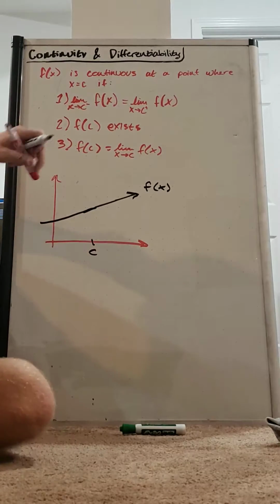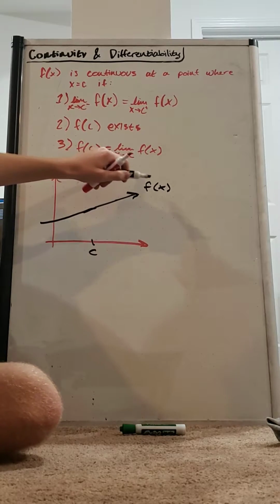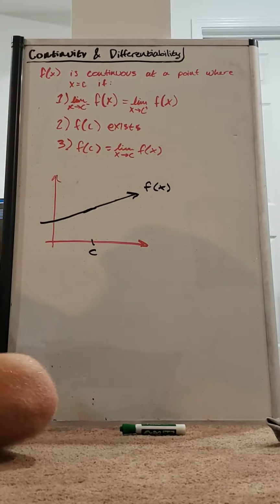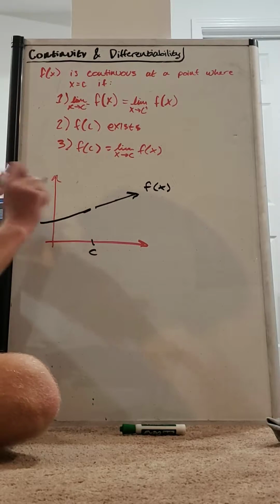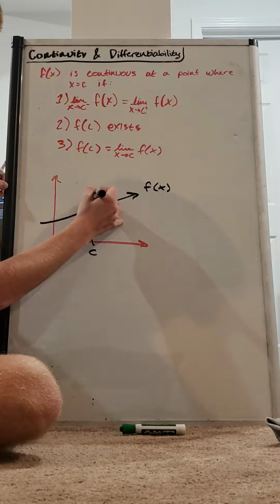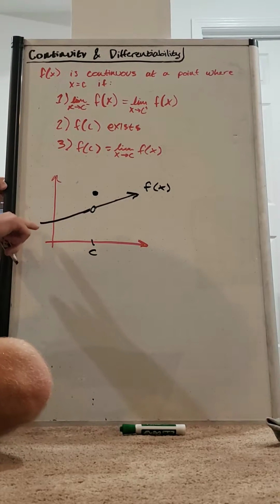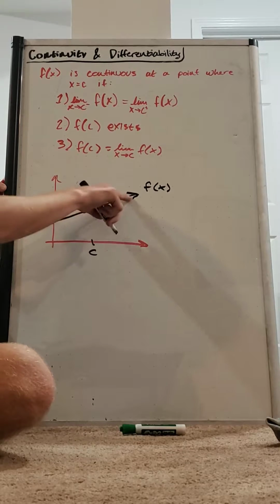And thirdly, we have where the function value has to equal the limit. And one place where it wouldn't is if we had not necessarily a hole, but something like this, where the function is steady and then jumps to a point and then goes back.